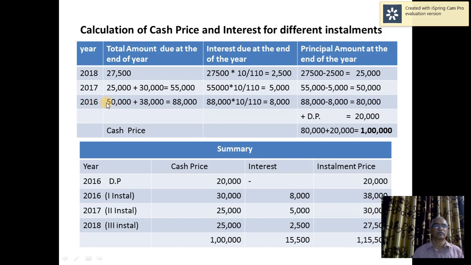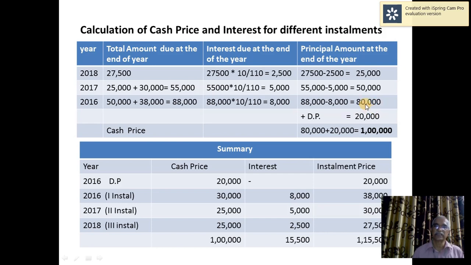So 50,000 plus the first year installment, that is 38,000. Together it will be 88,000. This includes interest, so you calculate the interest by multiplying that by 10 and dividing by 110. So you will get 8,000. From 88,000, if you deduct 8,000, what you get is 80,000.